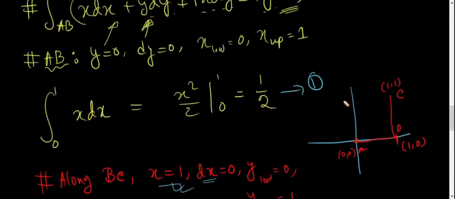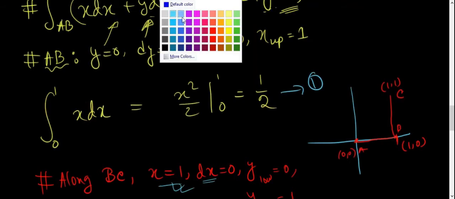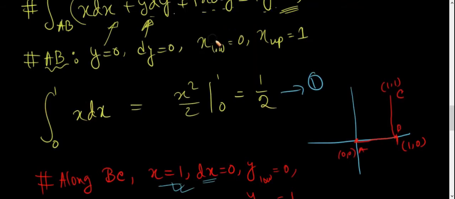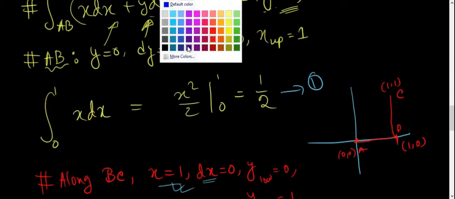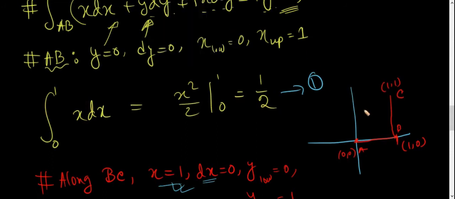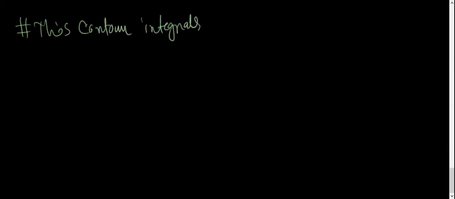Now what we're going to do is see that this result that we just got from evaluating this contour integral is actually path dependent. So let me highlight that out. So these contour integrals are in general path dependent.